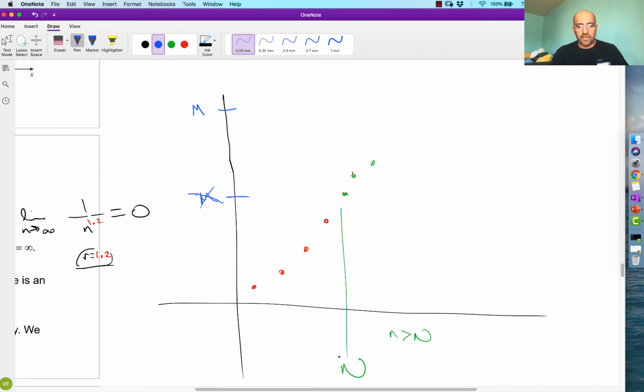Okay, well then this N was no longer good enough. But if you look at the sequence, it goes there, there, and eventually there is a point way over here.